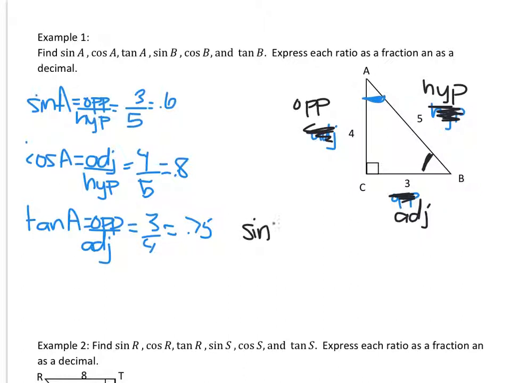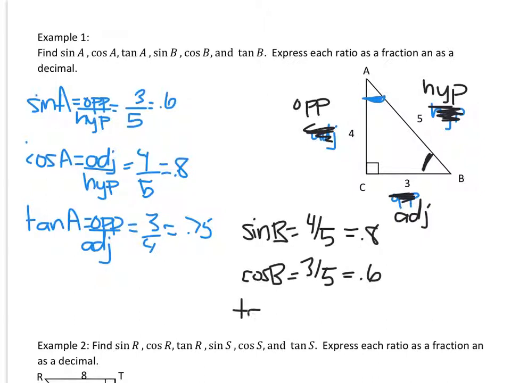So sine B, which is opposite over hypotenuse, will be 4/5, which is 0.8. Cosine B, which is adjacent over hypotenuse, will be 3/5, which is 0.6. And tangent B, which is opposite over adjacent, will be 4/3, which is about 1.3.